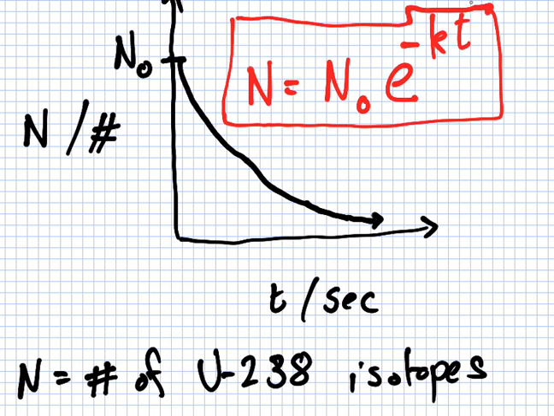Now, we have some further terms we can talk about. So there's this idea known as half-life. It is the time taken to go from the initial amount of isotopes to half the amount. So half-life unit is time. If you look here on my graph, this is called the half-life time.